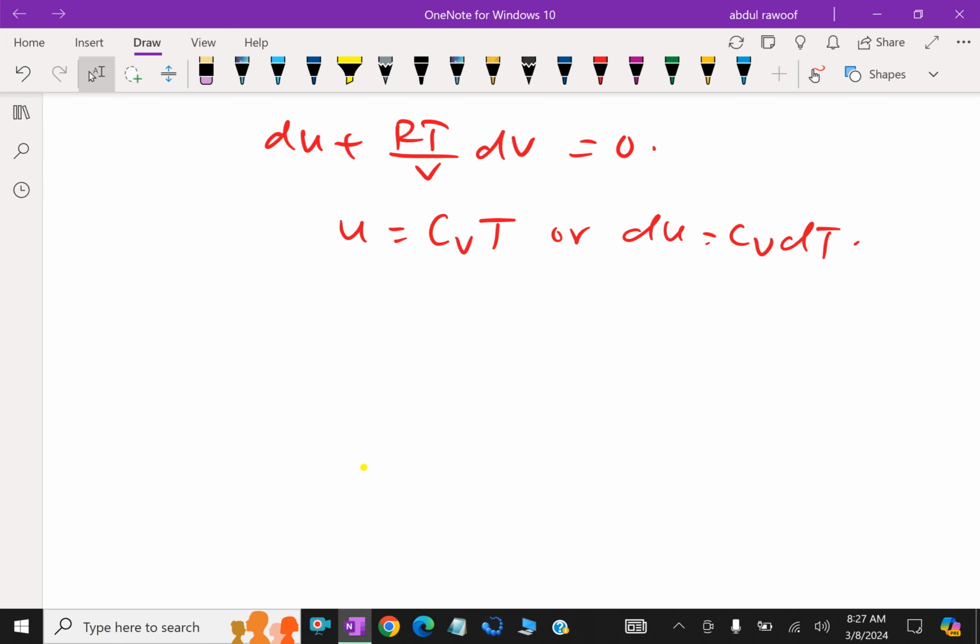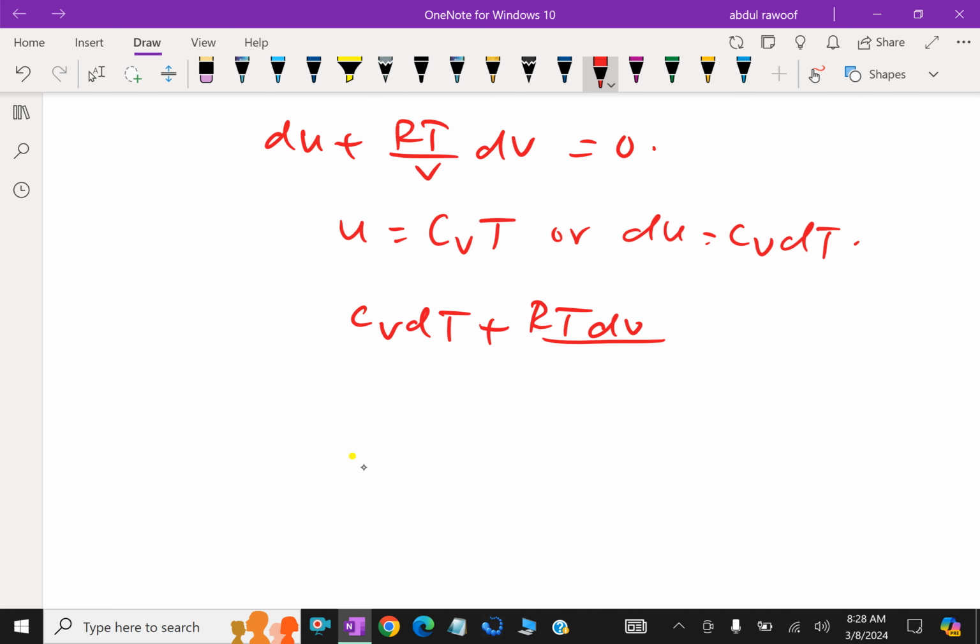Therefore you can say Cv dT plus RT dV by V equals 0. We are substituting here that du, the change in internal energy, is Cv dT.